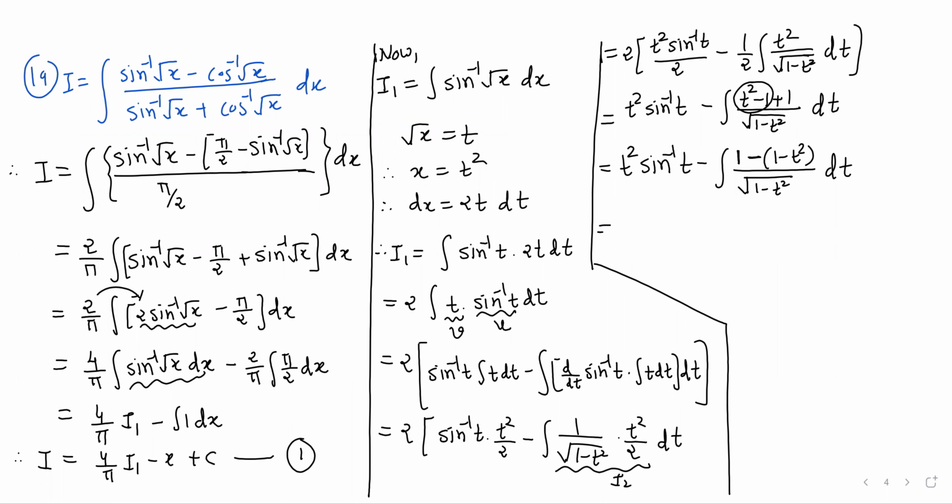So t square sine inverse t minus, again separate out individually, so minus 1 upon under root 1 minus t square dt.